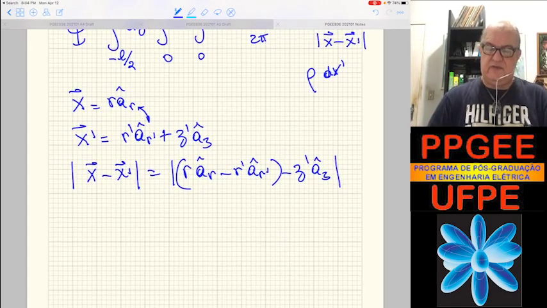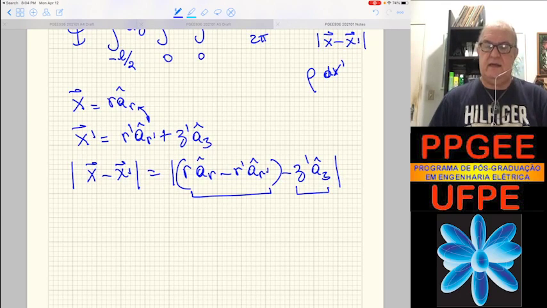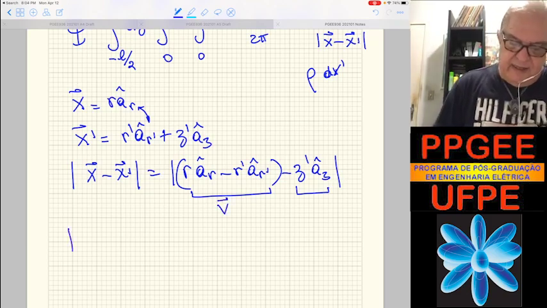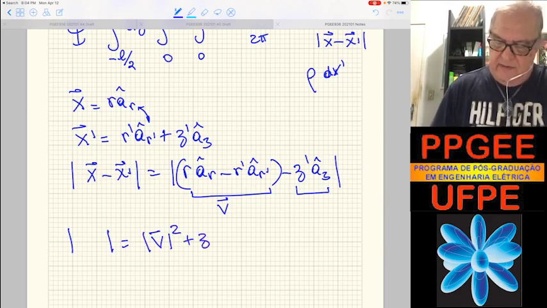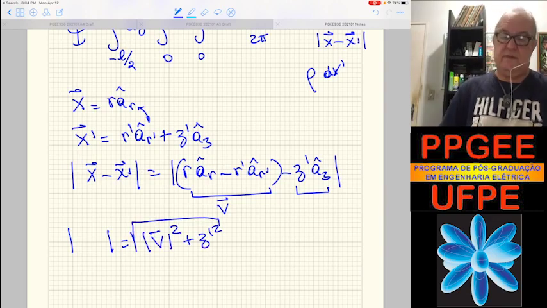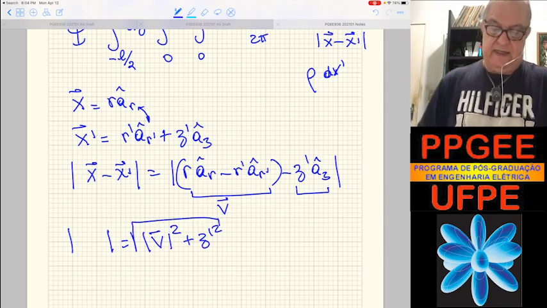Those vectors are orthogonal. Let's call the first vector V. So this magnitude equals V squared plus Z prime squared, to the power 1/2.